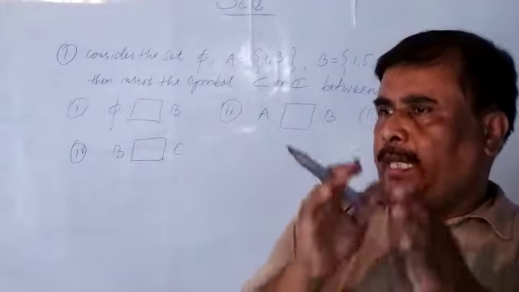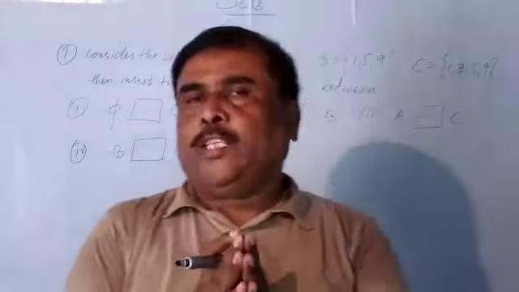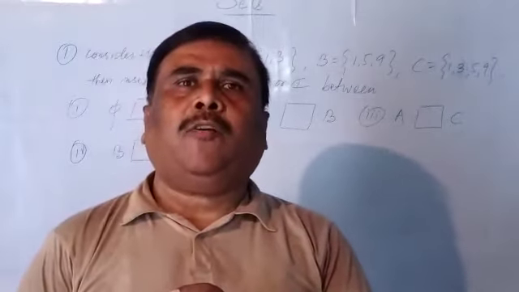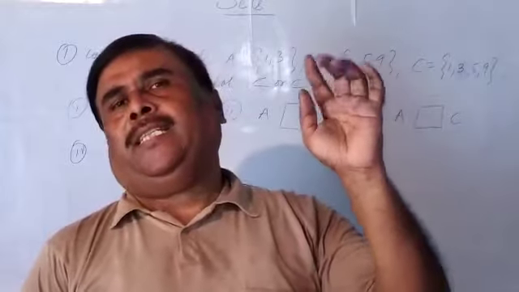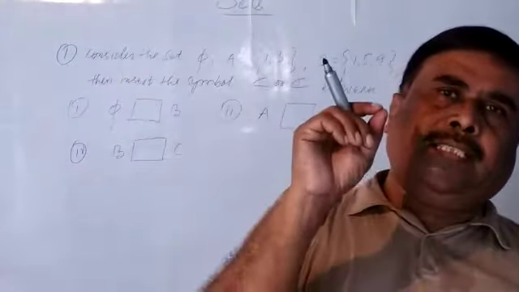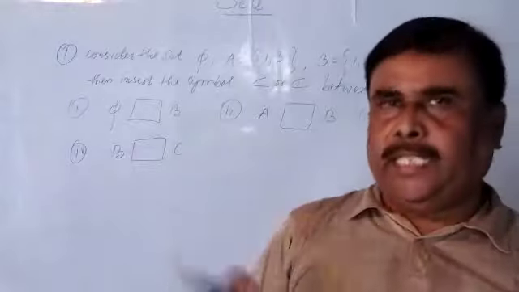Since the empty set has no element, we always take the empty set as a subset of every set. It means the empty set is a subset of every set.